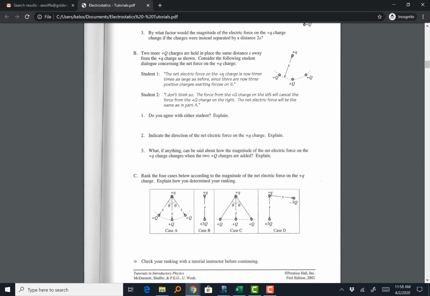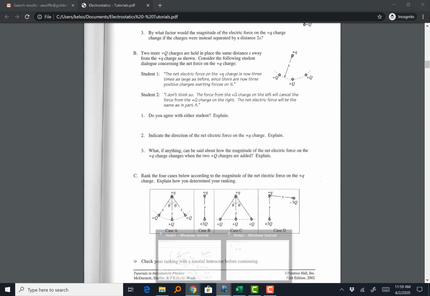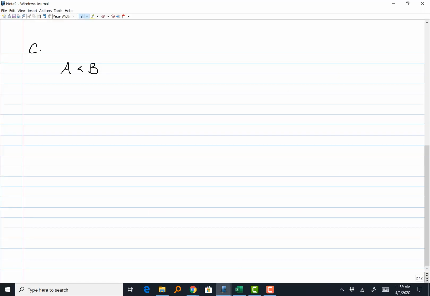And so what that tells me is that the charges big Q's on the left and right hand side in case C are going to be farther away from little q than they are in case A. Now, the larger the distance, the smaller the force, and so we're decreasing the magnitude of that force, and so that tells us that the net force in case C has to be less than the net force in case A.